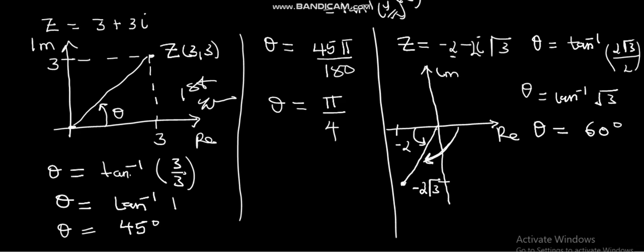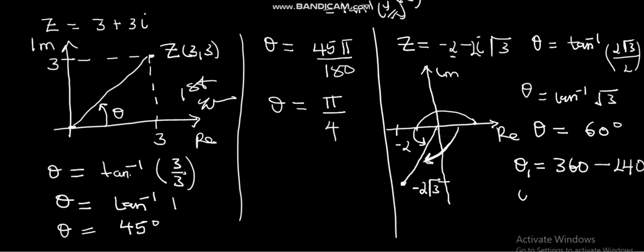We are going to get theta, which is required, is equal to 360 minus the angle from 0 up to here, and that angle is 240.